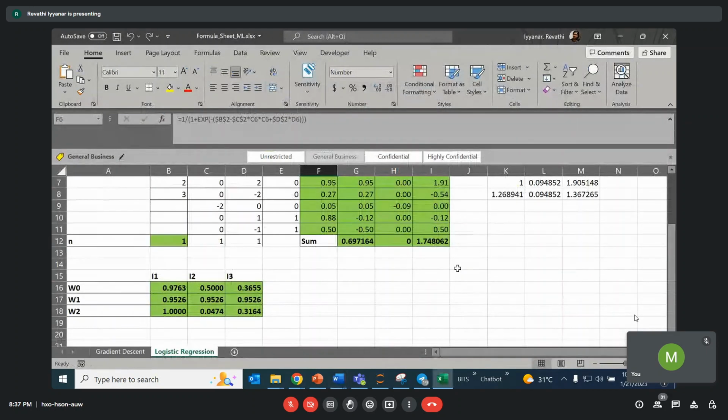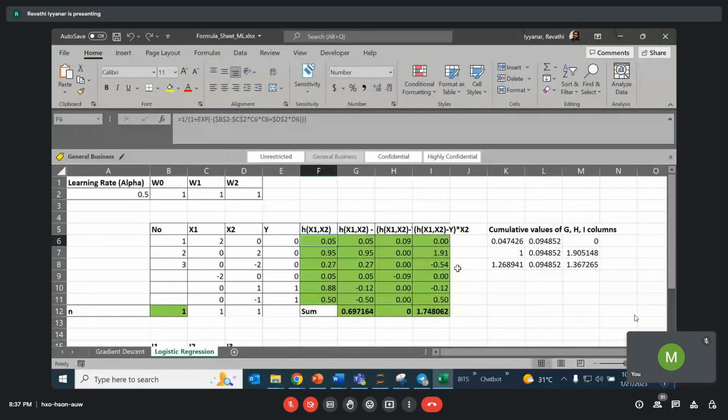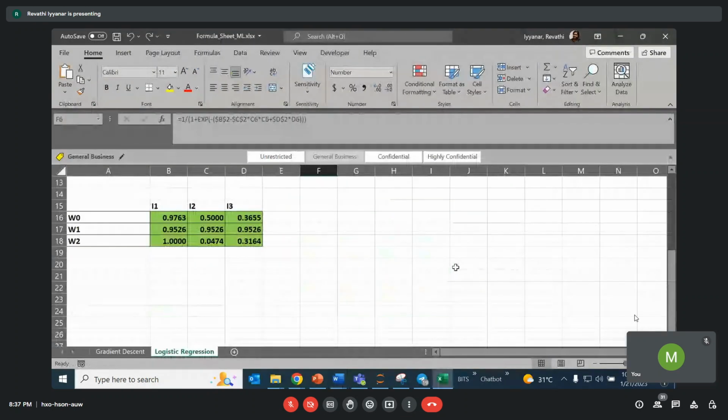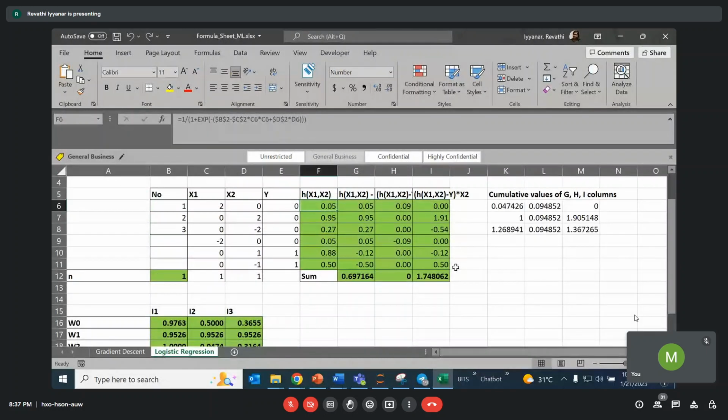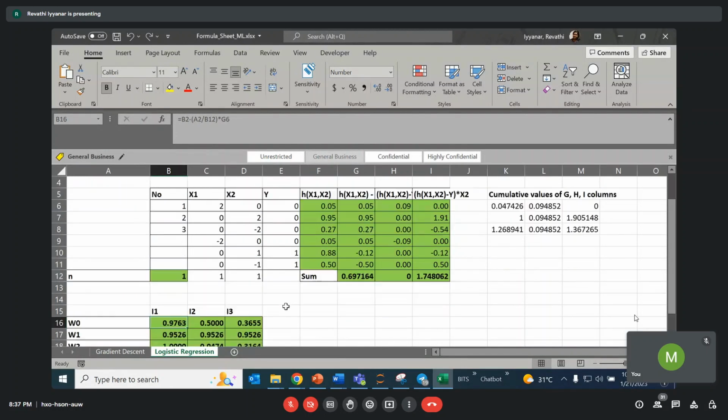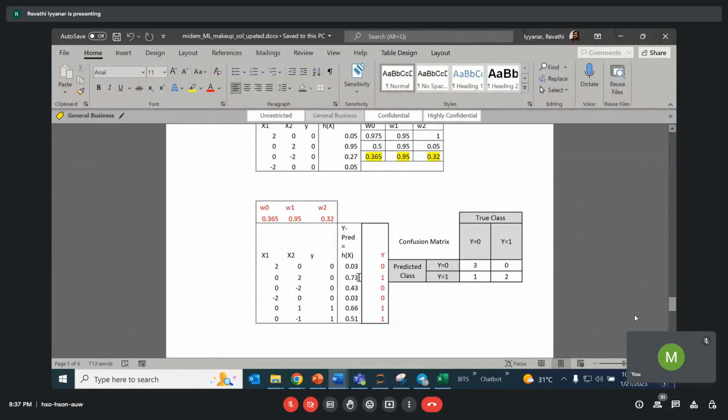Sorry, come again, Gaurav. Which one? If you just scroll down in the Excel sheet, please. So this W naught value, B16. If you look at the formula for B16, here G6 was used to multiply. Normally for gradient descent, we multiply by the sum of all these h minus y values, right?